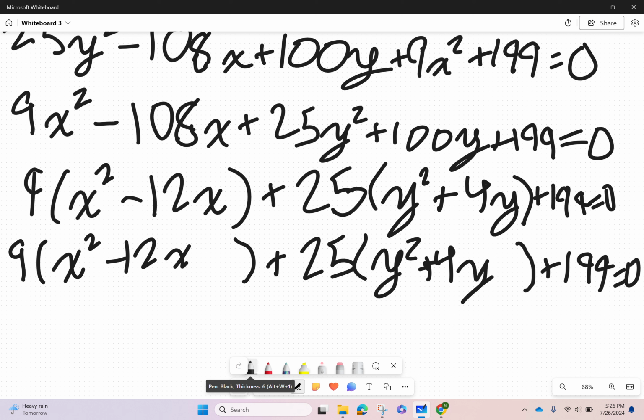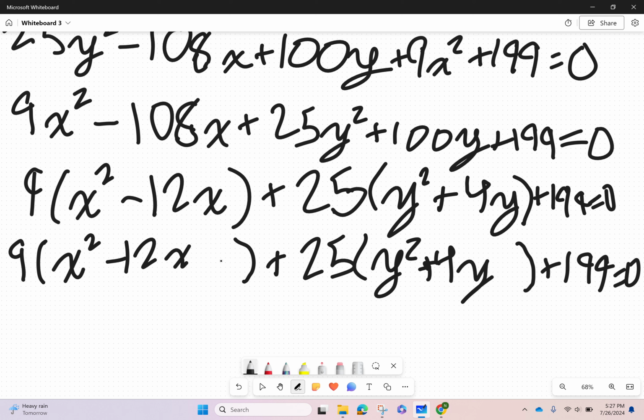So if you don't know how to complete a square, the way you do that is to take the b in your equation, because x squared minus 12x is a quadratic equation, right? So what you do is you take b and divide it by 2. Your coefficient in front of x squared is a, in front of x is b, and your constant is c, but currently we don't have a constant, but we're about to add one right now.